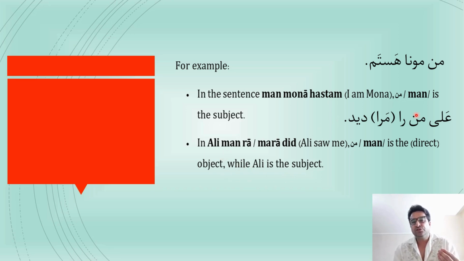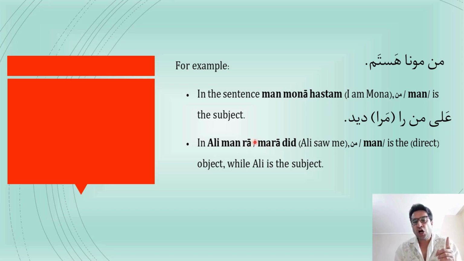So we have used man and man in two different places with two different functions. In the first sentence, man mona hastam, man is the subject, but in the second one, Ali man ra or mara.